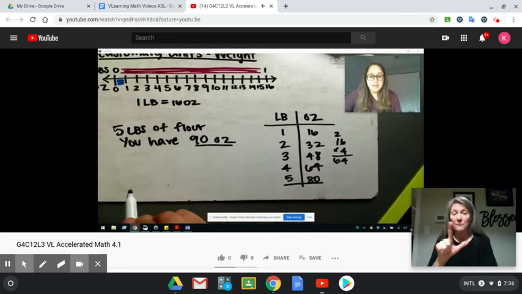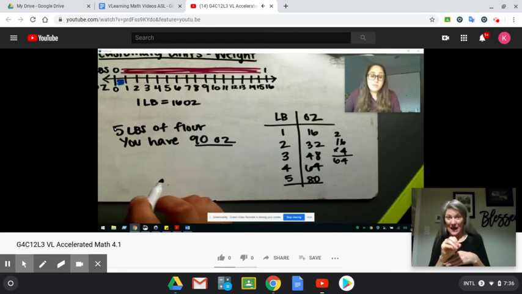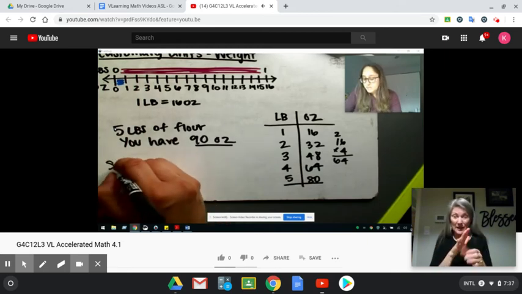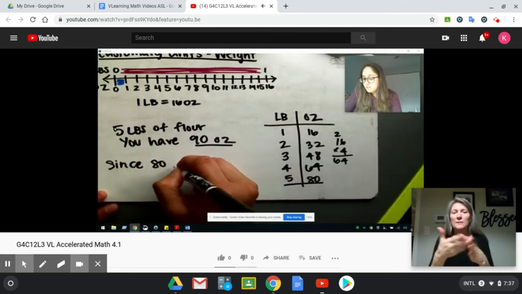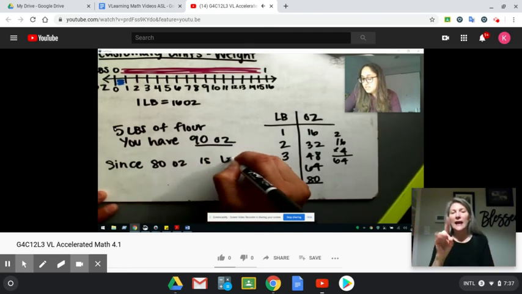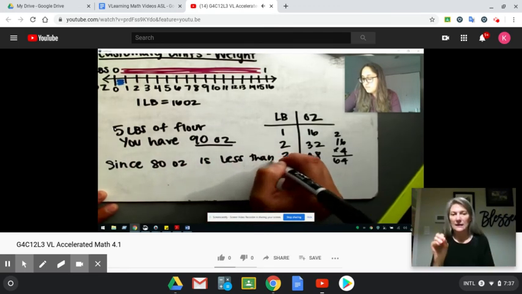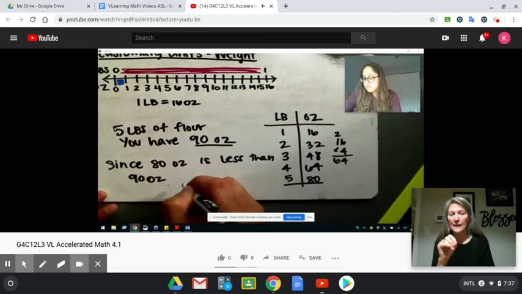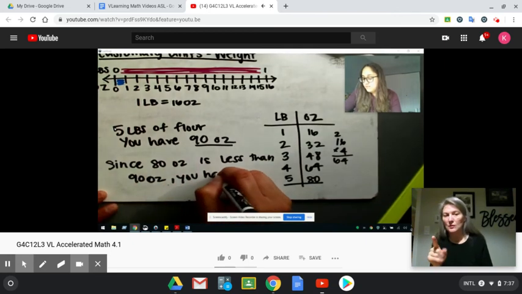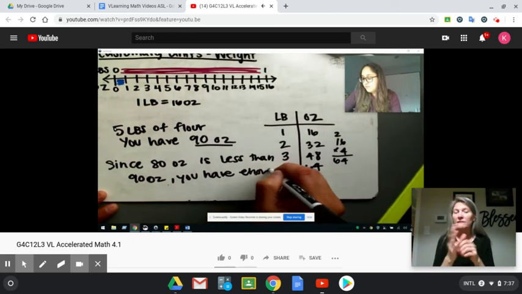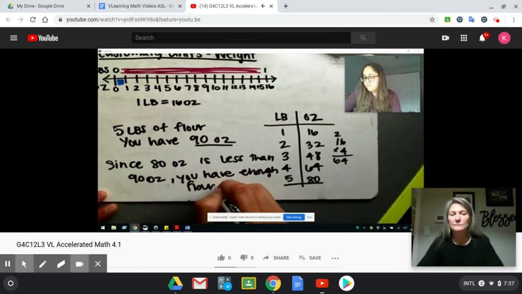If you have 90 ounces of flour, do you have enough flour to bake all the pies you need? The answer would be yes, since 80 ounces is less than 90 ounces, you have enough flour.